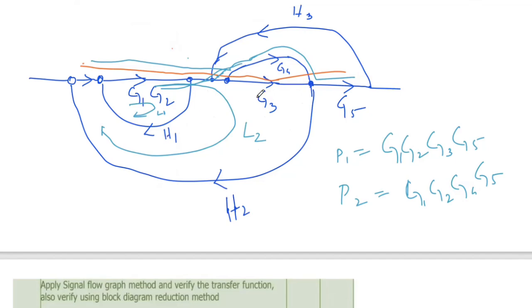Okay. Then here also this is L1, L2, L3. Then this is one loop, L5. Then this is one loop. Okay. There are 6 loops.